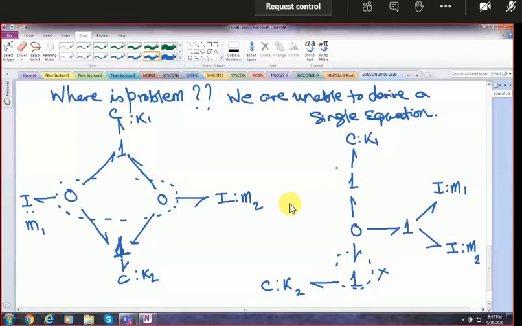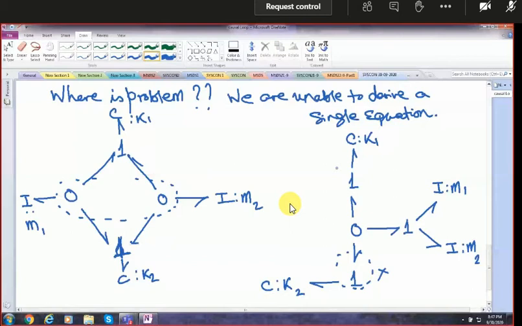So we have a very simple model. Just 0 to K1, K2, 1 I to M1, I to M2. So that's what our model reduces to.